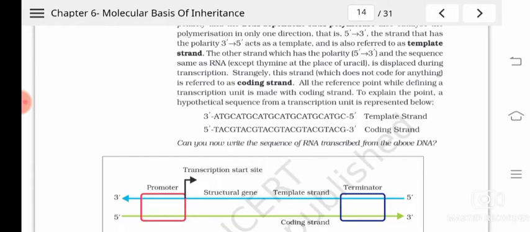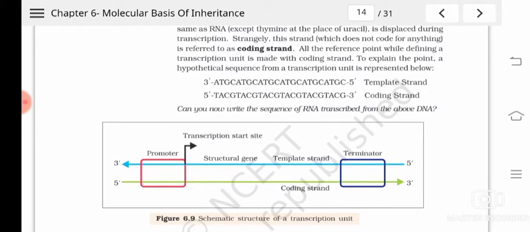Understood? Now try to find out the two RNAs which can be formed if both the strands are transcribed. Just write and see whether both are the same or different, and whether they are complementary or not. So please find it out.